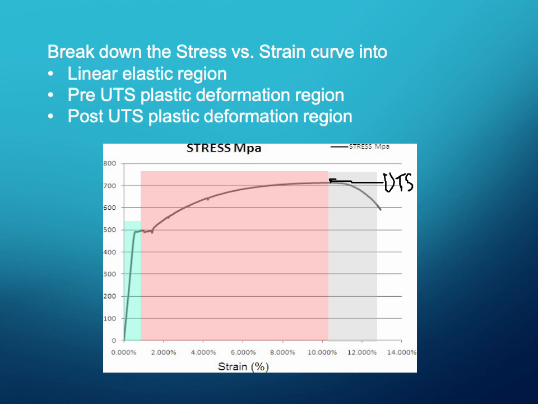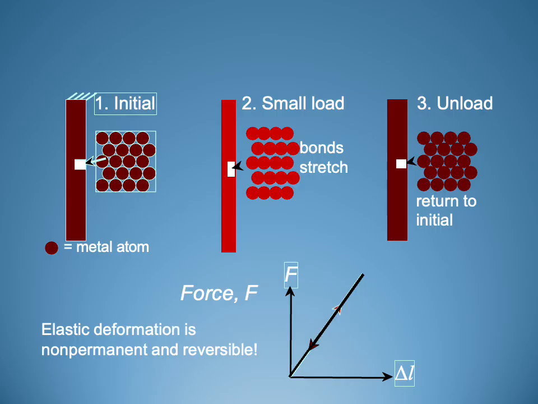So up until in this red pink area, that's the pre-UTS plastic deformation, and then there's a post-UTS plastic deformation. What's happening in those parts of the curve, at the atomic level, is something kind of like this. Right, this first slide is just illustrating elastic deformation.